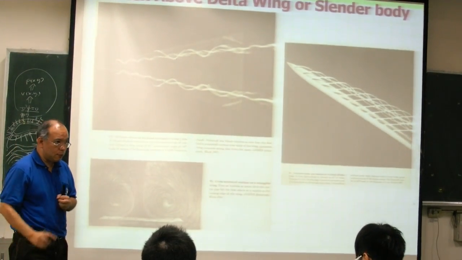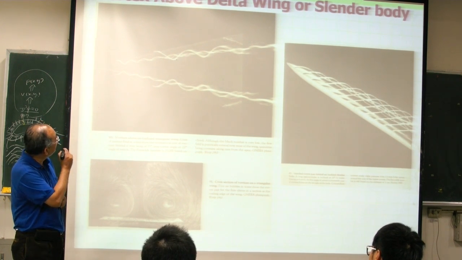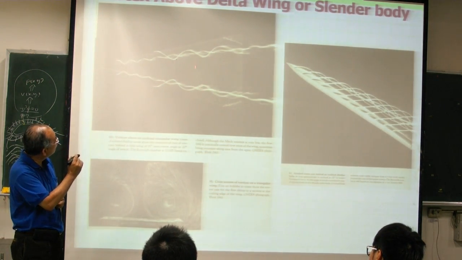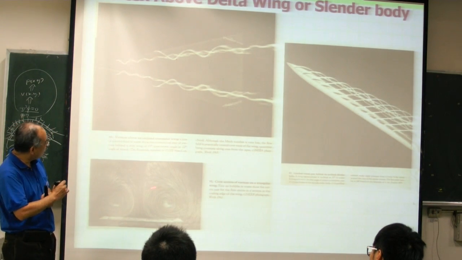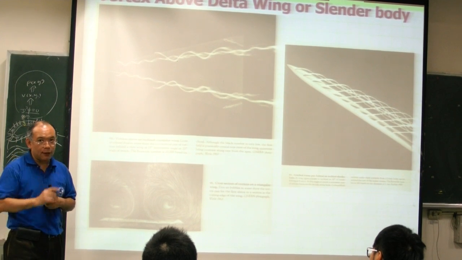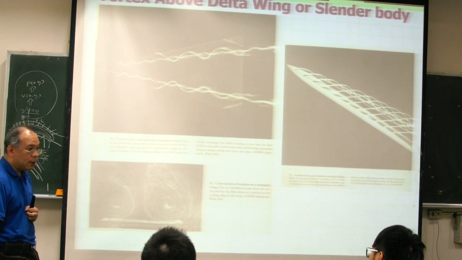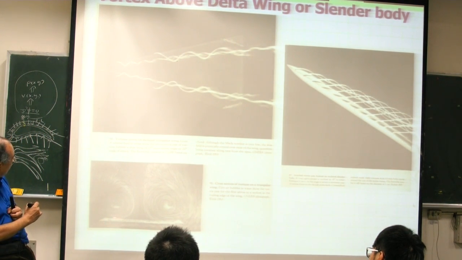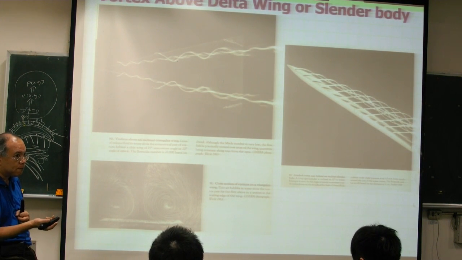These two huge vortices are very steady if the angle is not too small. The vortex core here will generate a lot of lift because the vortex is a very low pressure area. So you have the two vortices here, and these two vortices generate high lift.